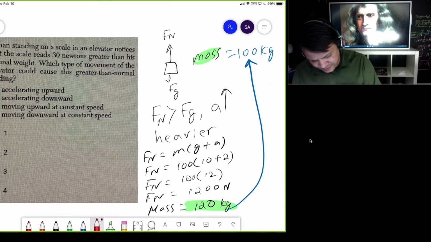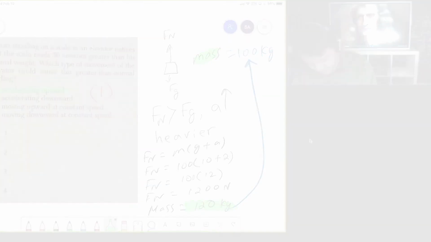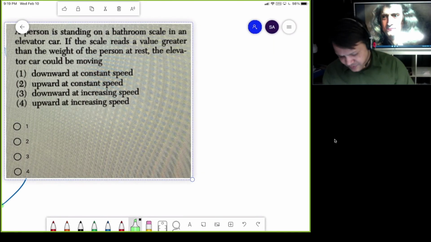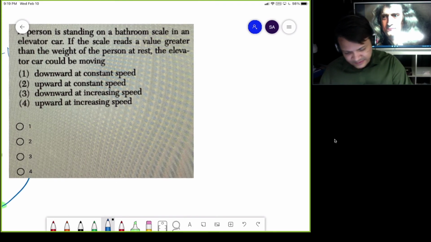Okay, so the elevator is accelerating up. Number one: a person is standing on a bathroom scale in an elevator car. If the scale reads a value greater than the person's mass, again it is the same problem.